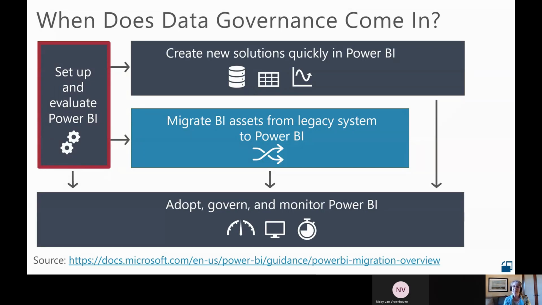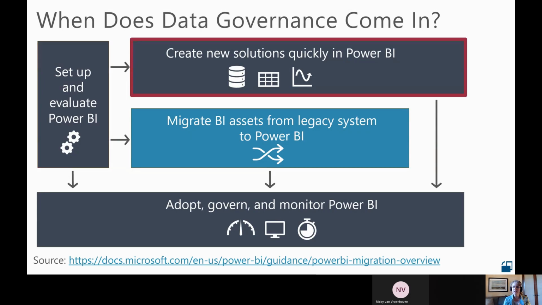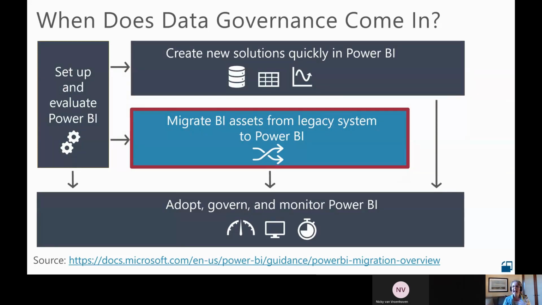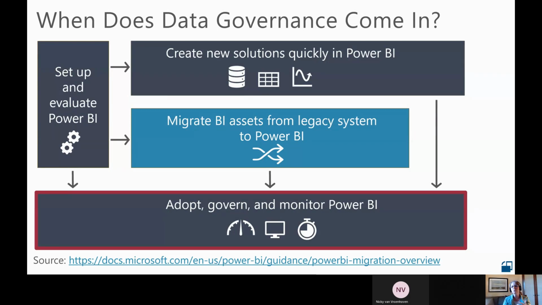So the reason I am bringing this up is, during setup and evaluation, you're absolutely going to discover some governance planning considerations. And then as you start creating new solutions, things are going to emerge, as they will when you are doing an actual migration from, say, another tool to Power BI. And on diagrams like this, we always like to put things like governance and monitoring way at the end of the diagram.